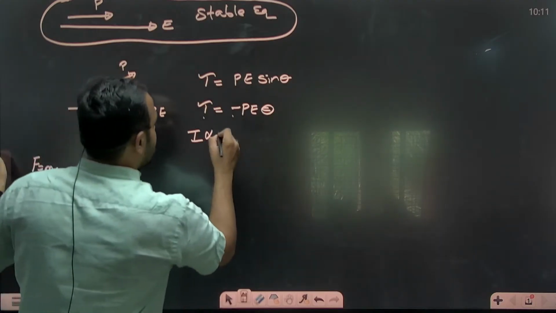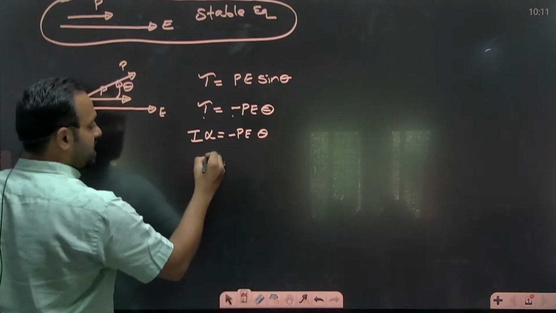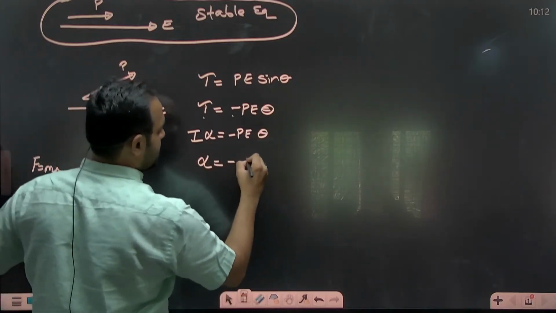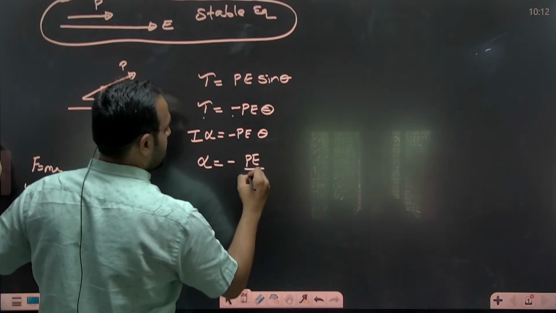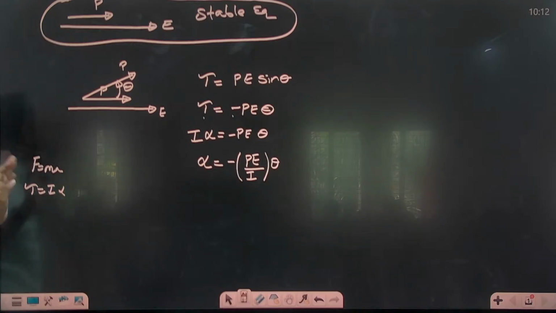Now from here, I alpha is equal to minus PE into theta. So from here you write alpha is equal to minus PE divided by I into theta.